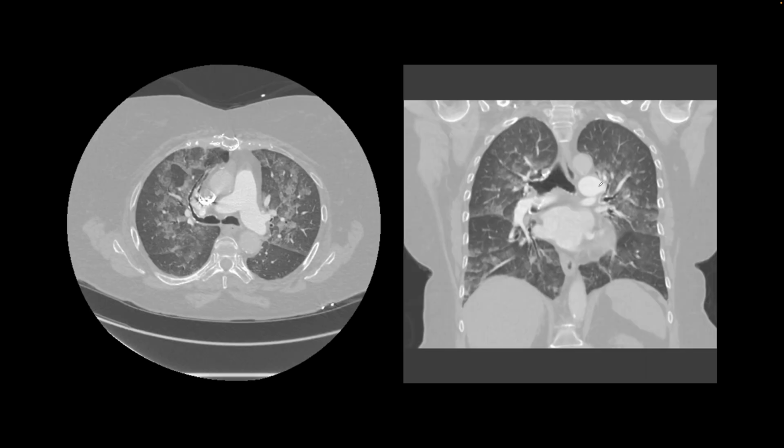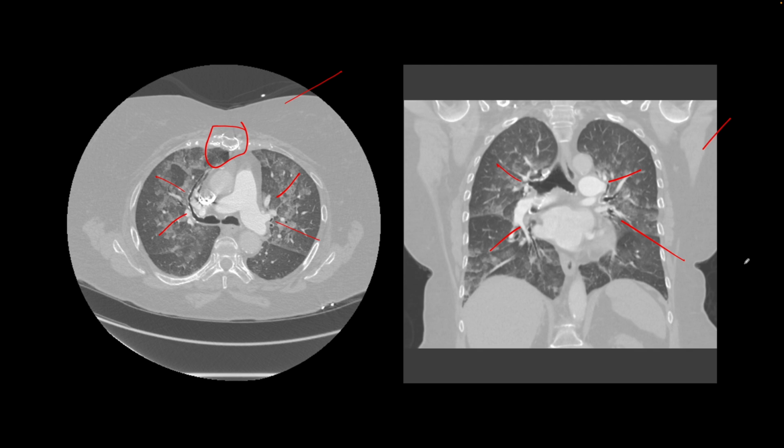This is our next patient. There are 2 images in the lung windows showing the chest in the axial and the coronal projections. There are ground glass opacities in a perihilar distribution seen on this axial image and also on the coronal image. They've had prior sternotomy.